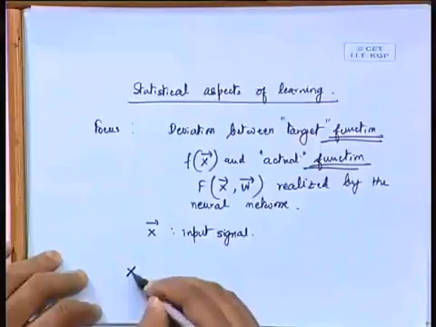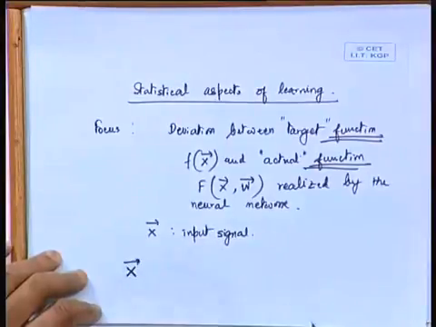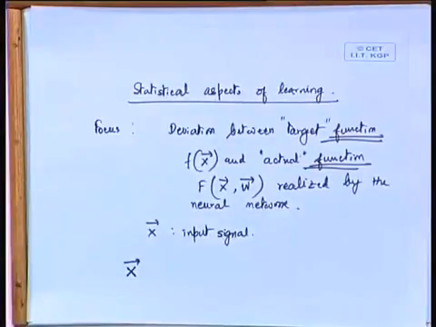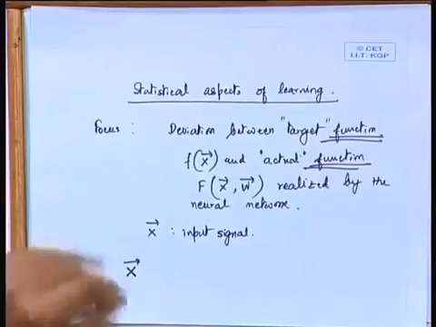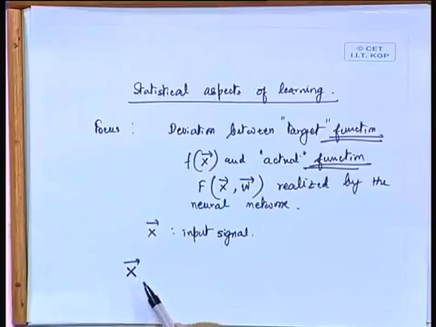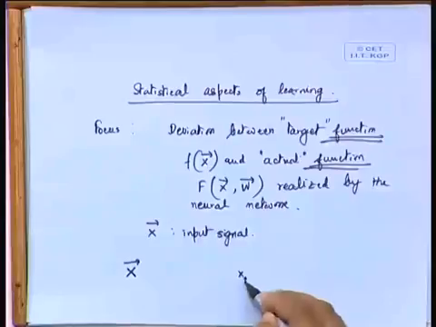Now, we are defining x vector to be an input signal. We can denote it by a capital X vector, which is nothing but a random vector, a random variable vector, where the instances of that vector are these xi vectors.